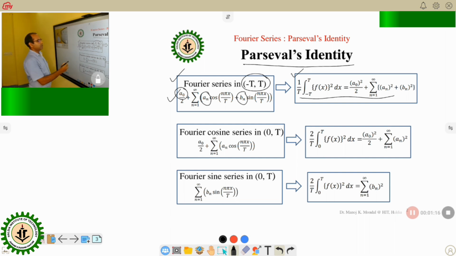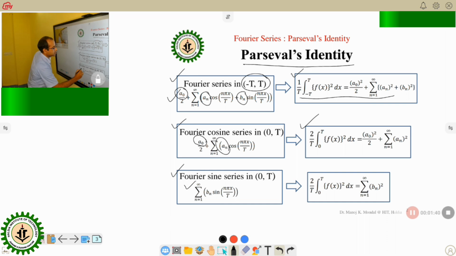Similarly, for the cosine series, two Fourier coefficients are required, a0 and an, and regarding a0 and an, here is the Parseval's identity for the half range Fourier cosine series. And last one, number 3, the half range Fourier sine series.